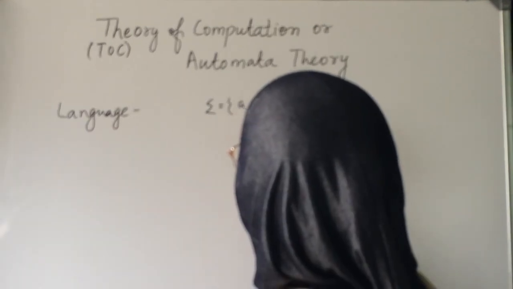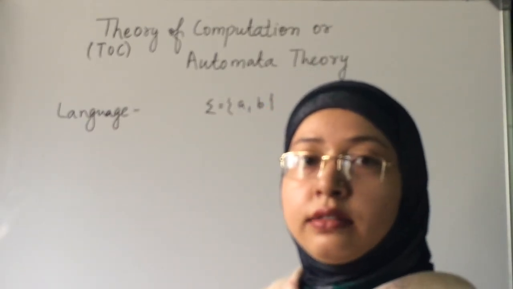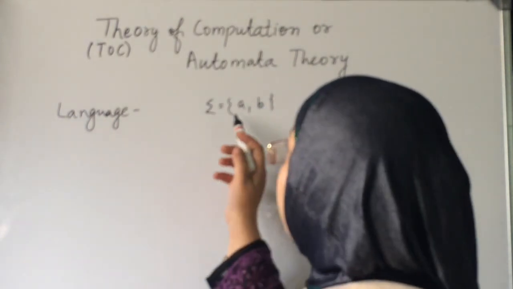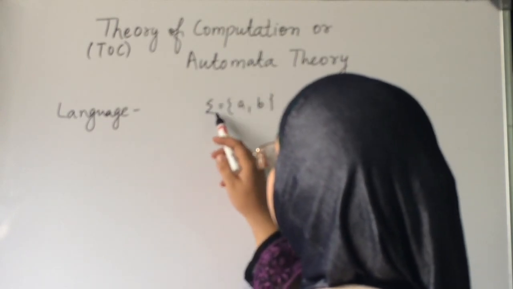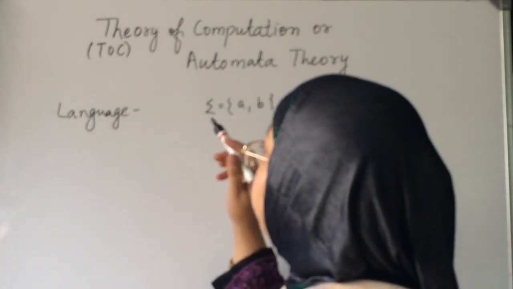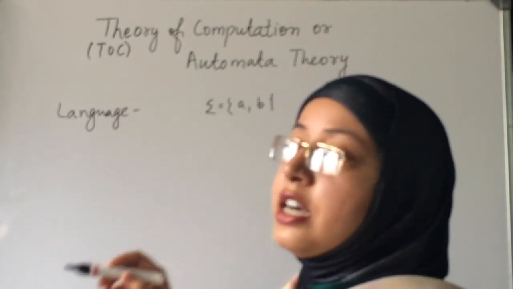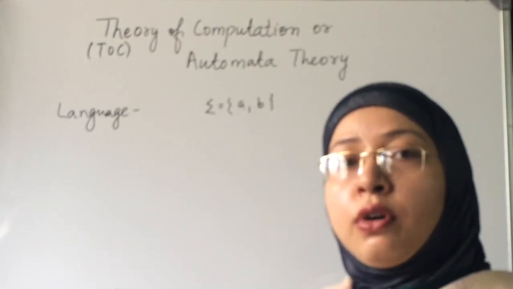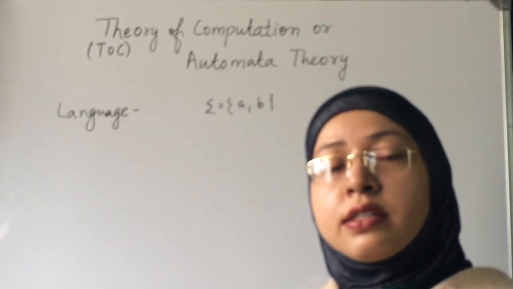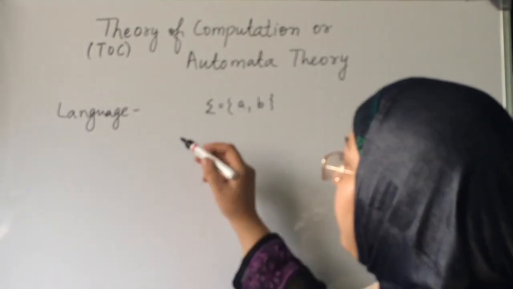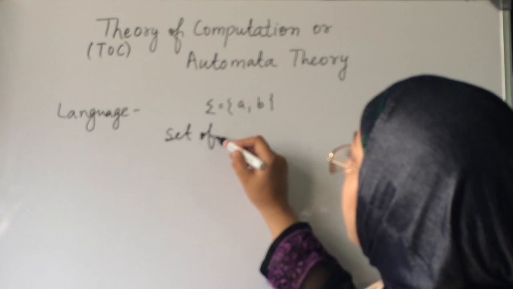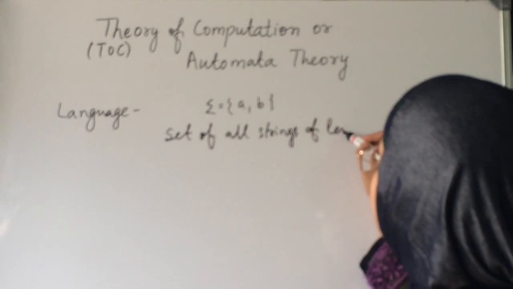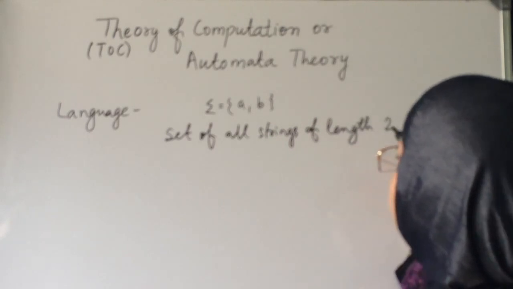A comma B, and you have to write the set of all the strings possible over the alphabet A comma B, where your string starts with A, or you have to write the set of all strings of length 2.